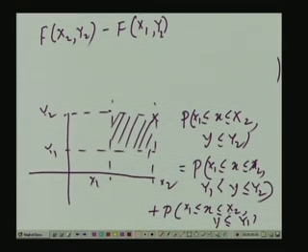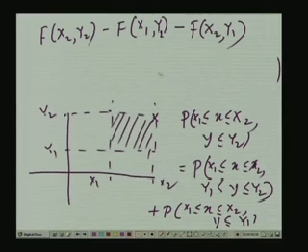Originally this was f of x2 comma y1, now that comes with a minus sign, and the other quantity which was present with a negative sign, what is that quantity? F of x1 comma y1, that comes with a positive sign.